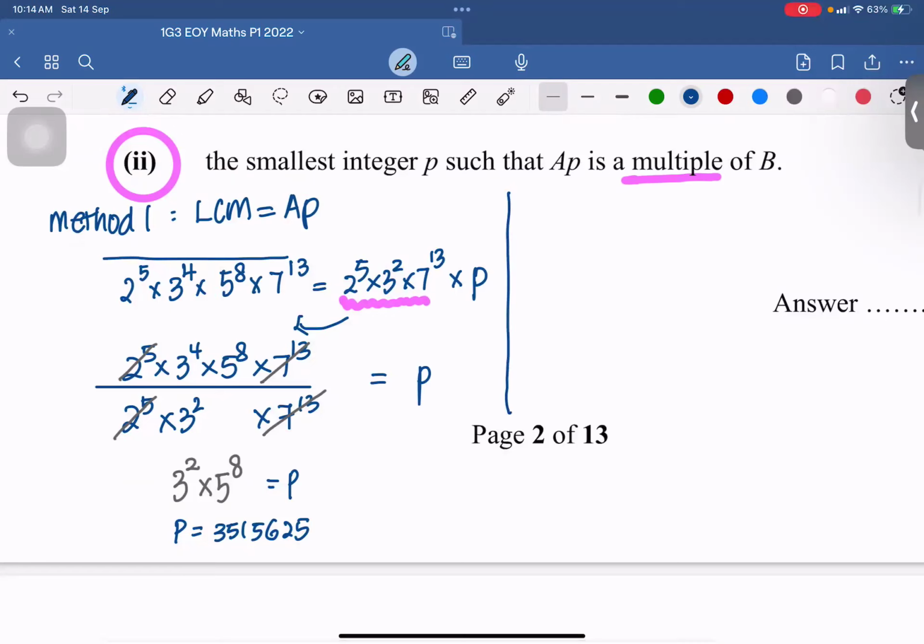Okay, next one. So this is the first method: I find the LCM, I equate to AP, I divide away A. All right, so there's a method number 2. Method 2, I need to observe.